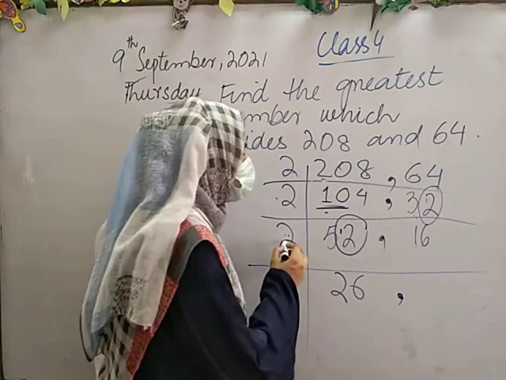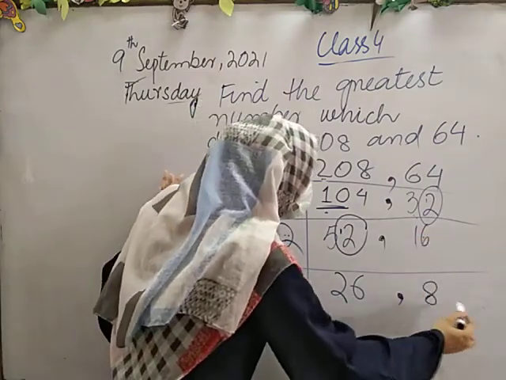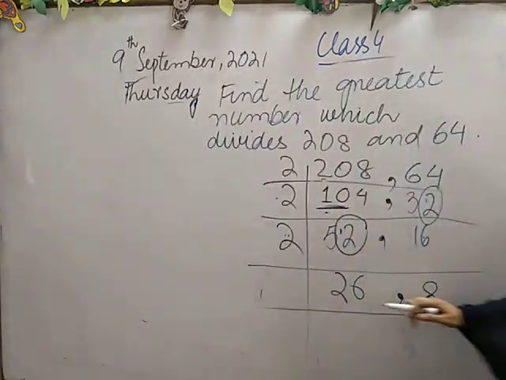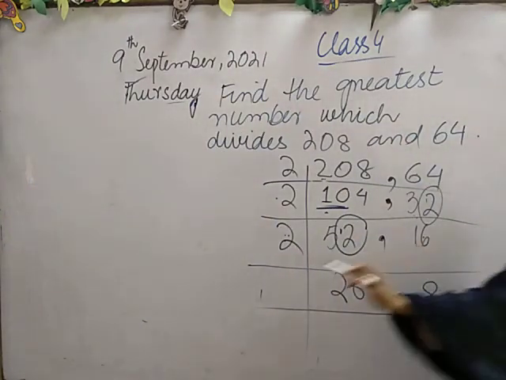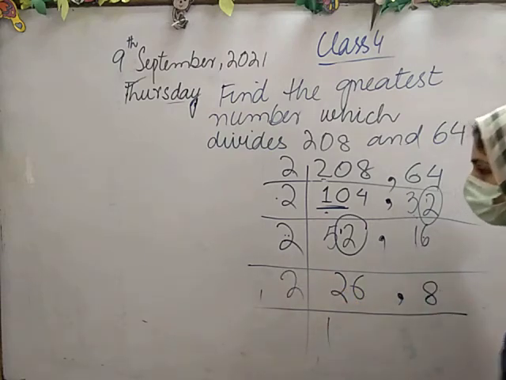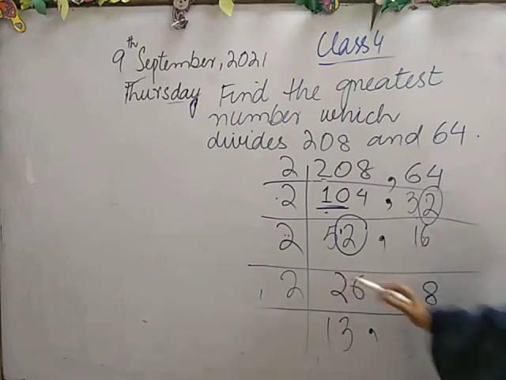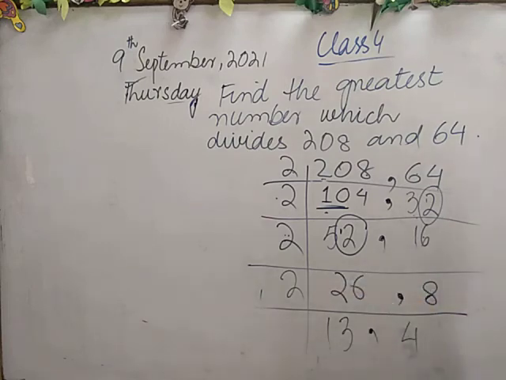Now class, 2 8 times 16. Still class, we have 6 and 8. Again we will divide by 2. 2 1 times 2 and 2 3 times 6. Now 2 4 times 8.